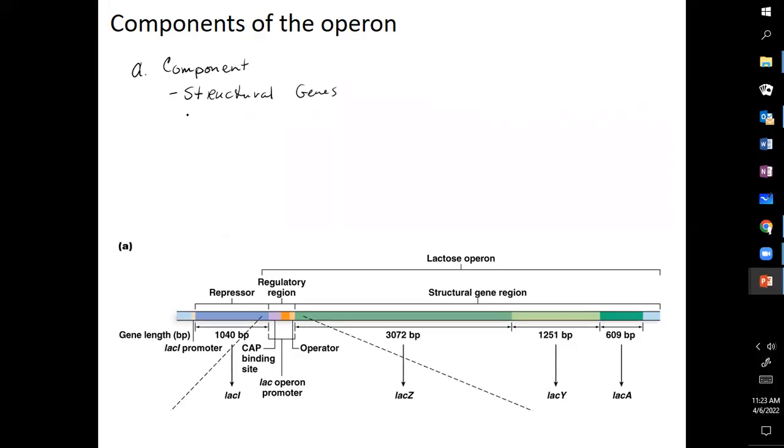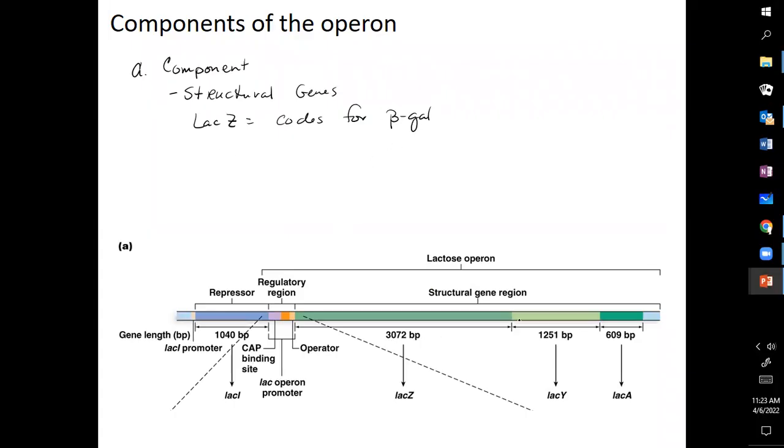There is the gene LAC-Z, which is 3,072 base pairs. Genes are just recipes. It codes for beta-gal, the beta-gal that we just mentioned that is involved in breaking down lactose.